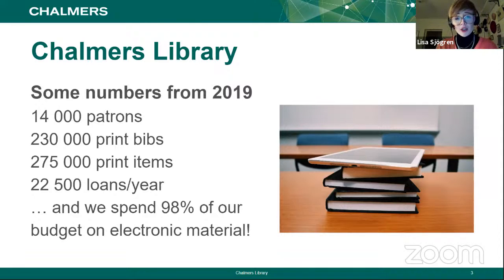Electronic material is really, really important to the Chalmers students and staff. Print materials, there's not as much, but what there is does circulate. So it's very important to handle that efficiently. In 2019, Chalmers Library had about 22,000 loans.